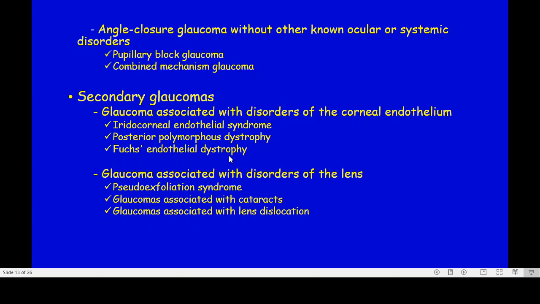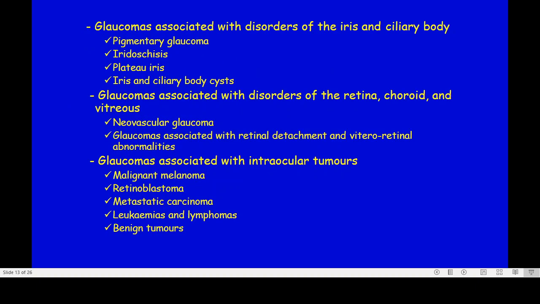Then glaucoma can occur due to disorders of the lens, like pseudoexfoliation syndrome, phacolytic glaucoma because of cataracts, and because of lens dislocation also glaucoma can occur.